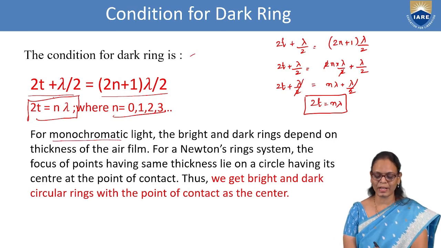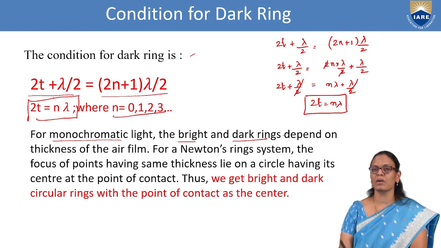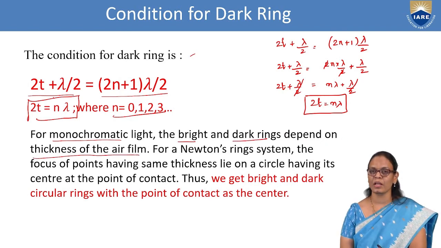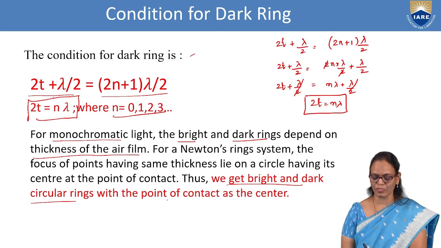So for monochromatic light, the bright and dark fringes or rings depend upon the thickness of the air film. And for a Newton's ring system, the locus of the points having the same thickness lie on a circle having the center as the point of contact. So we get bright and dark circular rings with the point of contact as the center. What does this mean?